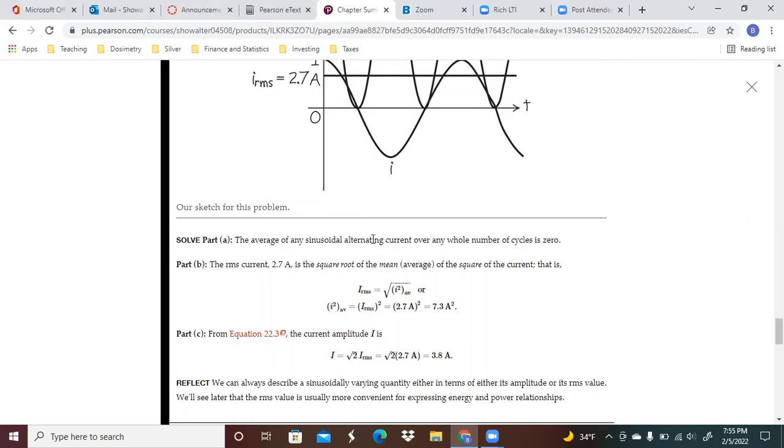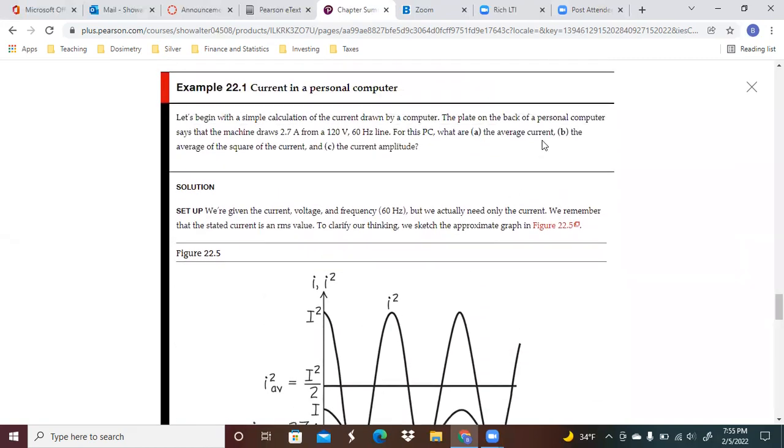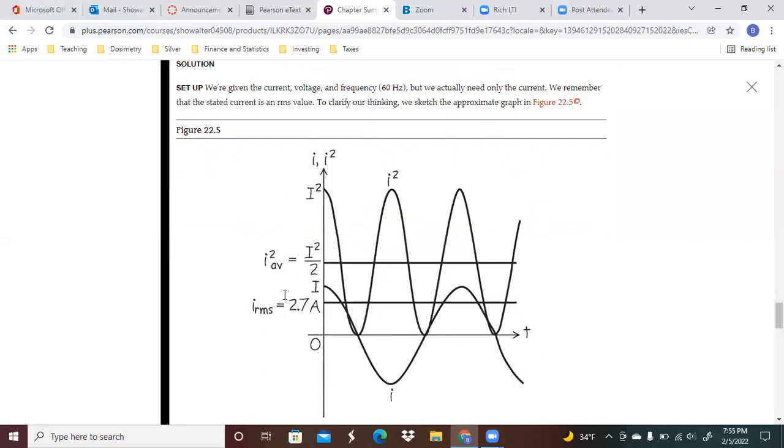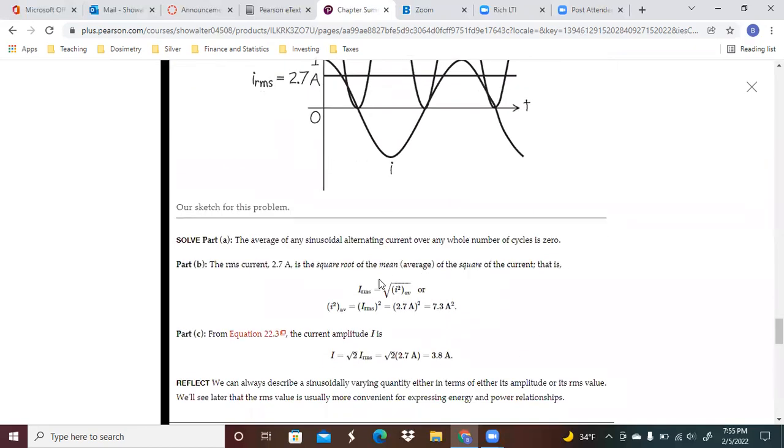So the average of any sinusoidal alternating current over a whole number of cycles is 0. The average of the square of the current. So if we go through our calculations, we know what this particular value is.